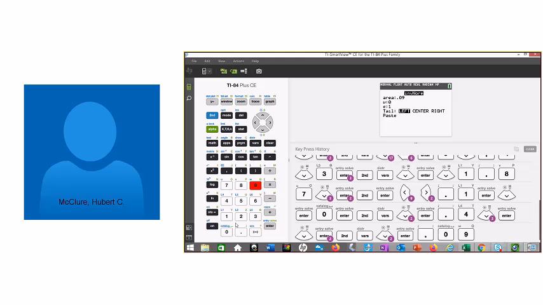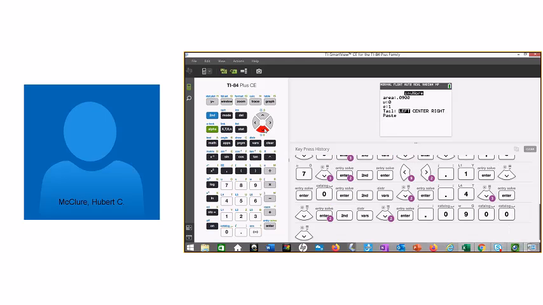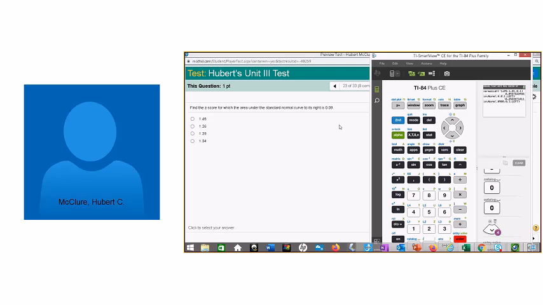0.0900. I'm going to hold up a minute. I want to see if it says to the left or to the right. To the right. So I'm going to go back, second, vars, inverse norm.